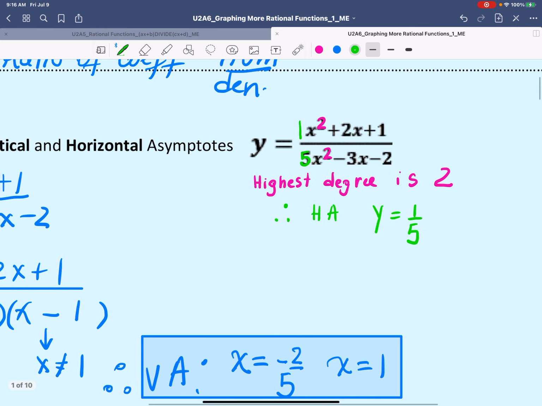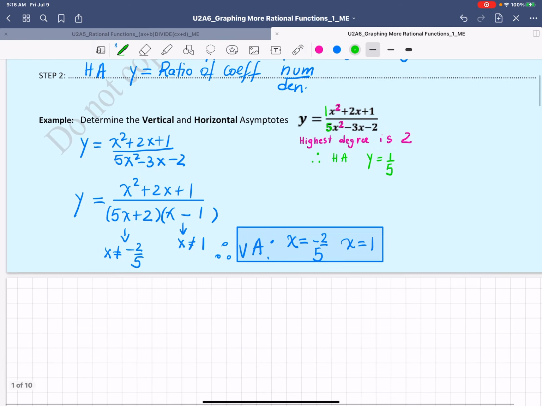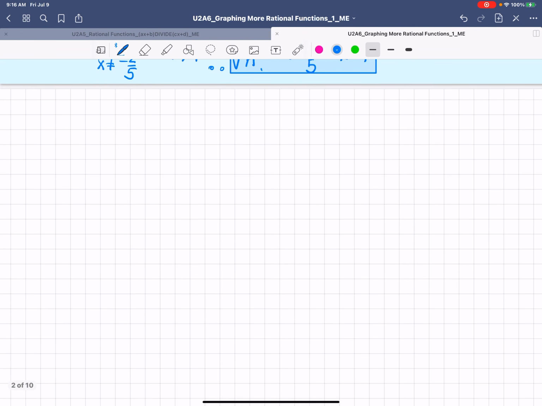Now, I'm going to extend the idea or the examples in here to some more so that we can find the horizontal asymptotes easily. So here we go. I'm going to give another example, which is not in the handout.